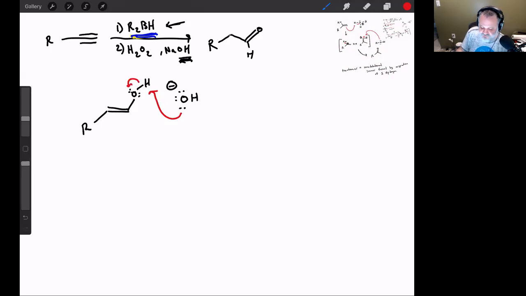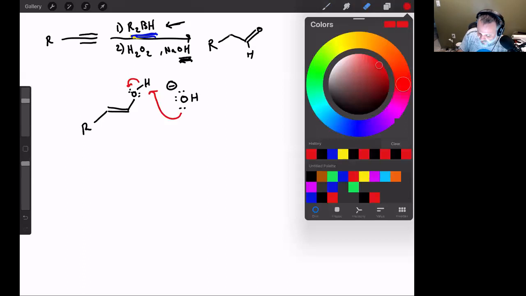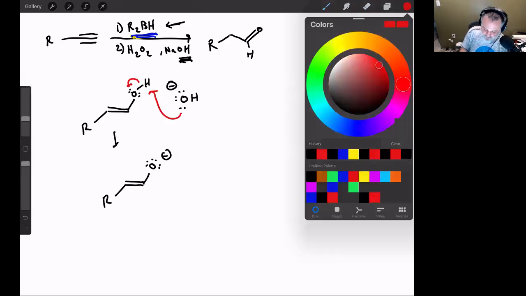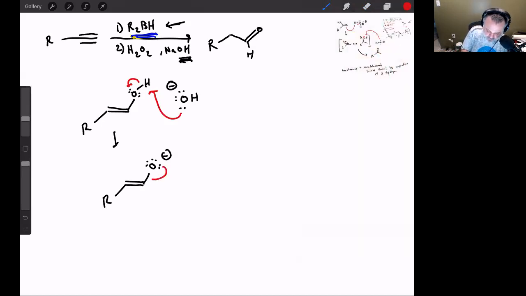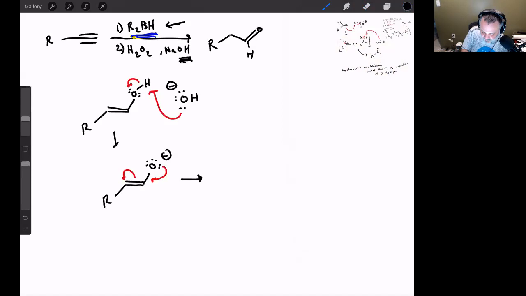So the first thing is a proton transfer, forming a negative charge on that oxygen. This oxygen with a negative charge is now resonance stabilized, where I can show the negative charge that's delocalized.